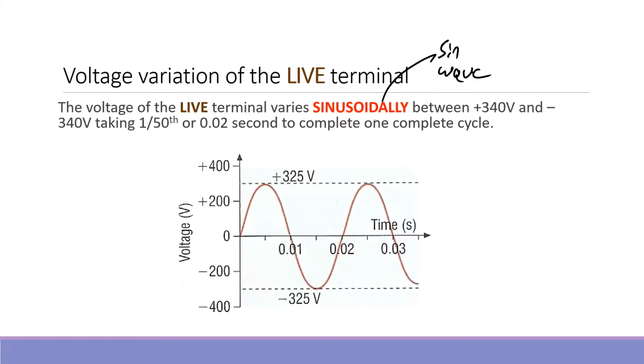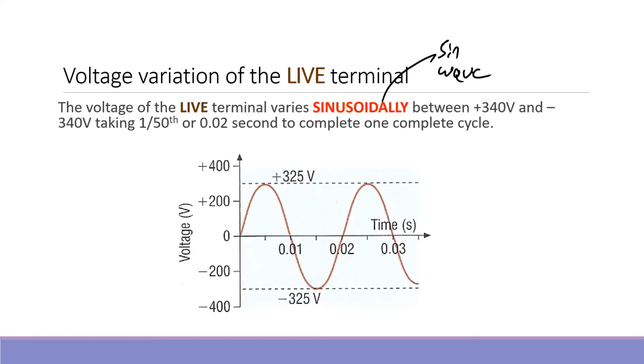It cycles between 340 volts and negative 340 volts, taking 1/50th of a second or 0.02 seconds to complete a full cycle. So it goes from 325 volts positive, going forward, to negative 325 volts, going backwards, in 0.02 seconds. So it does that really, really quickly.